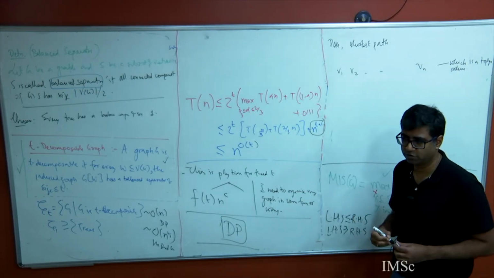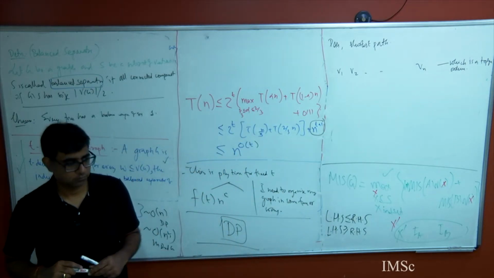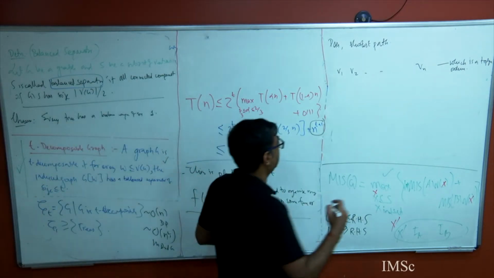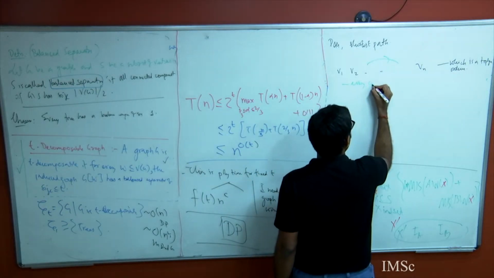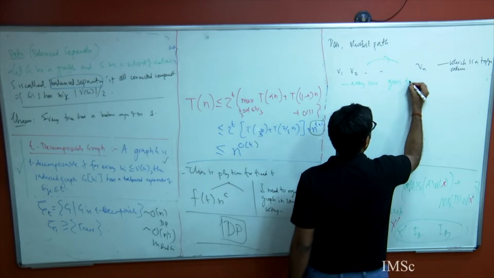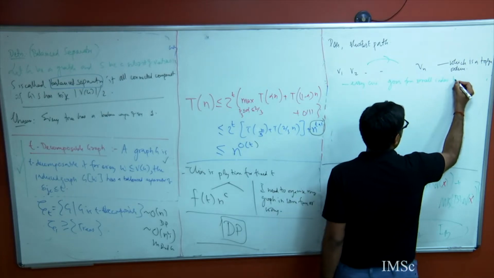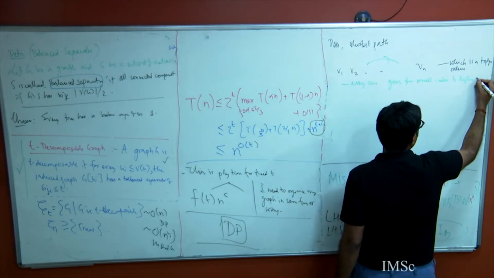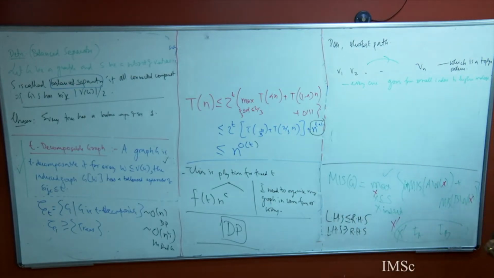So what is the property of topological ordering? So every arc goes from small index to higher index. Agreed? Excellent. Okay. Fine. So what should I do now?